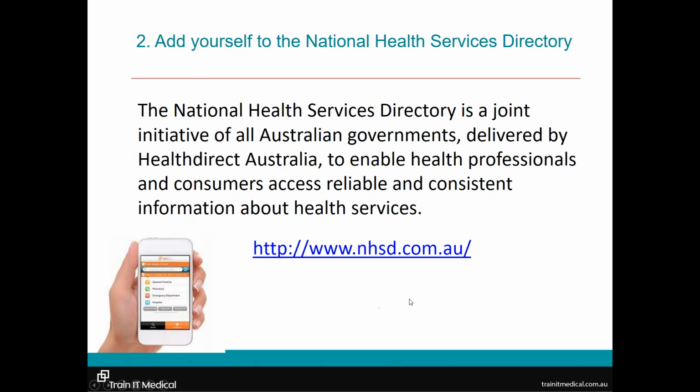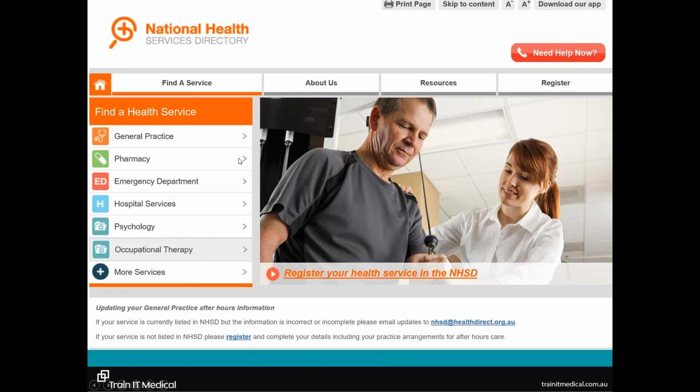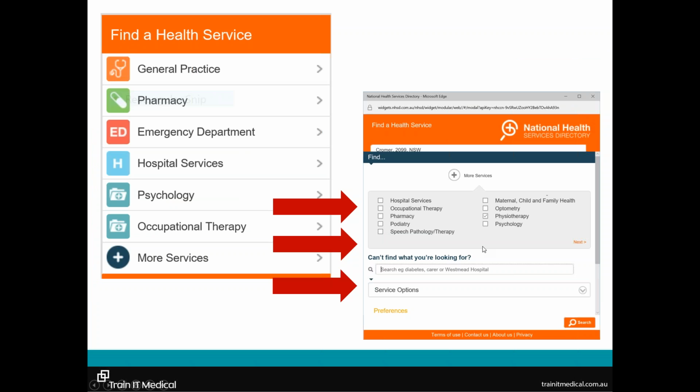So there's an app, and the idea of this is you will be able to register your health service. You can see it right there on the screen, and you really need to be on these directories so you can be found. Whether it's eHealth, the NDIS, or secure messaging, if you're not online, they won't find you, and that's got to be bad for referrals.